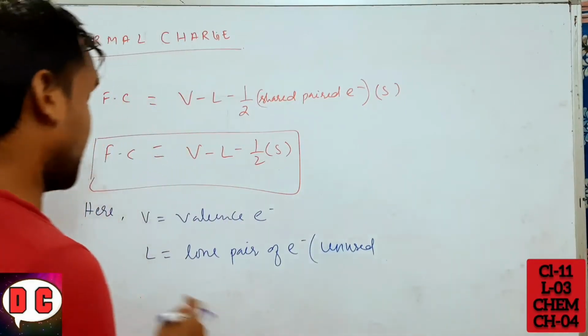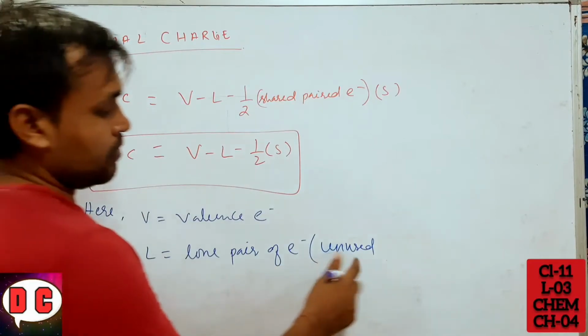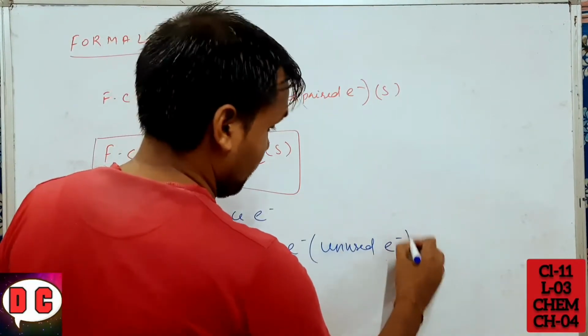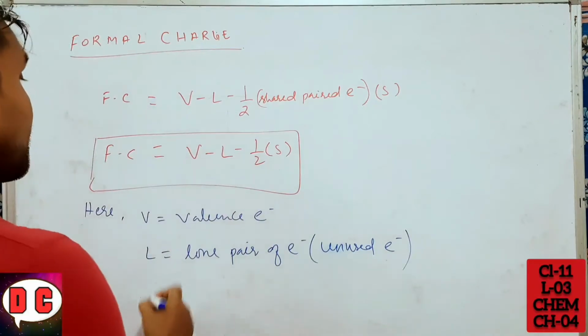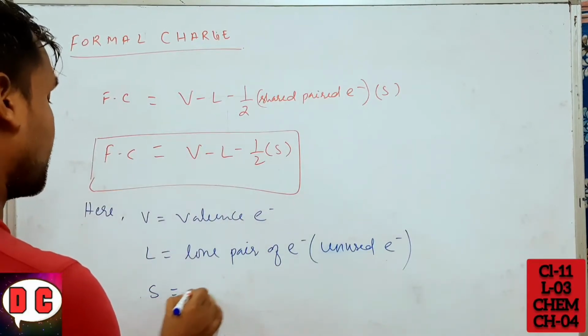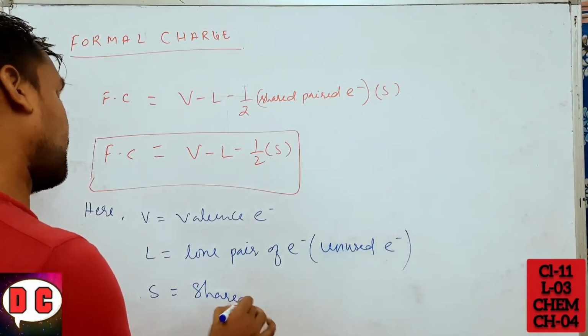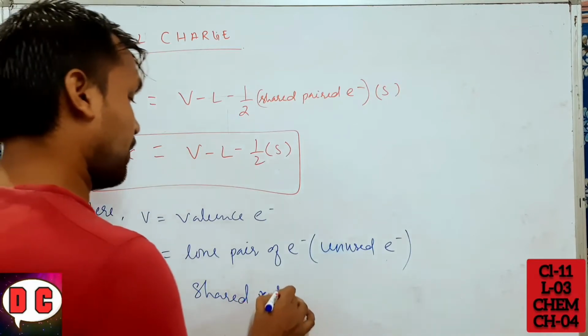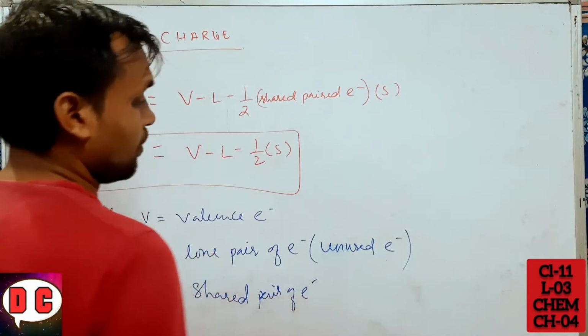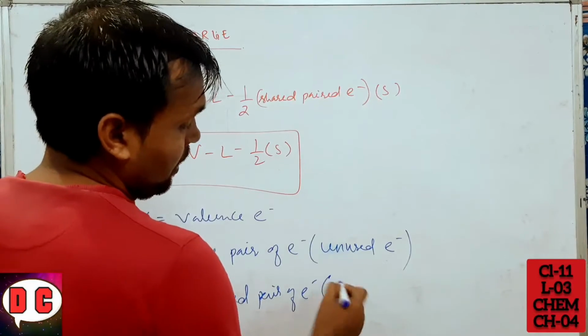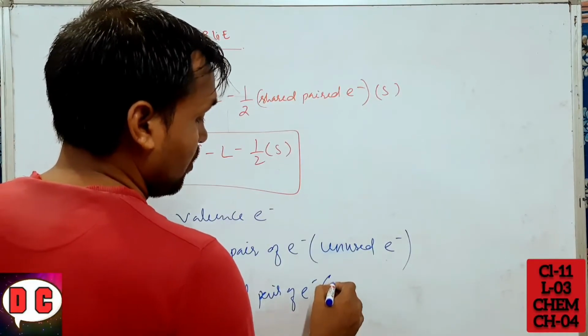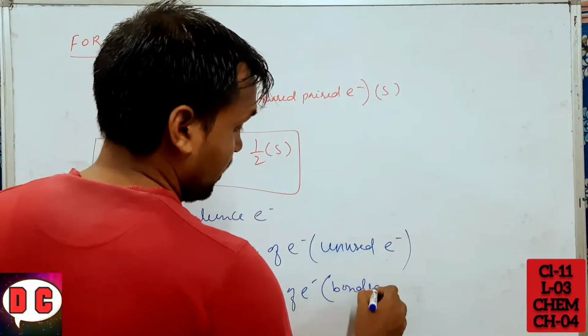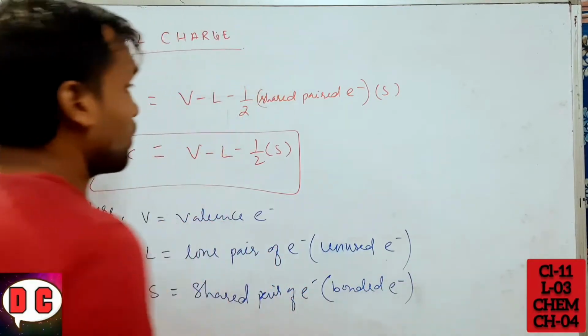L equals lone pair of electrons, that is unused electrons. Then S equals shared pair of electrons, that means used electrons or bonded electrons. I hope this point is clear.